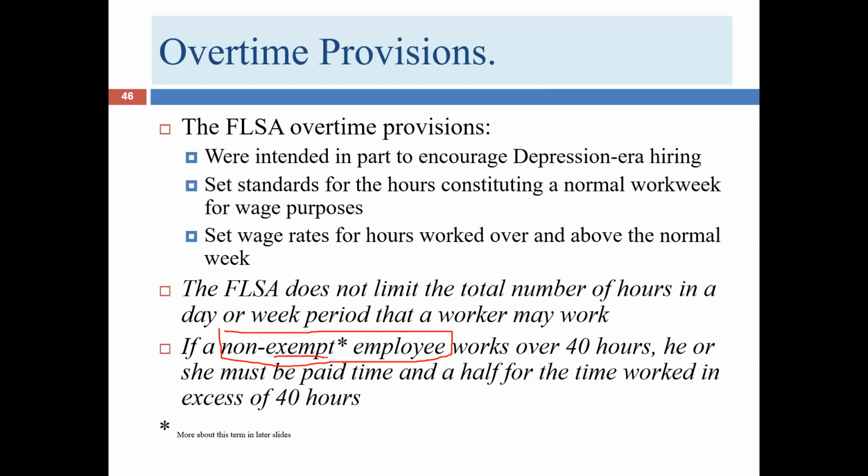If an exempt person, a salaried person, works over 40 hours, there's no overtime. But when a non-exempt person, in other words, a person who is not paid on a salary basis, works over 40 hours, that is the point at which that time and a half kicks in. So non-exempt means not salaried. And usually most people think of that as not management. But again, we'll go through in great detail what this term means in just a few minutes.